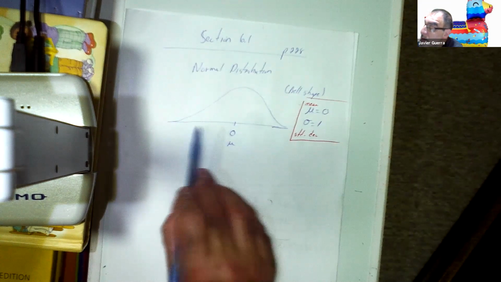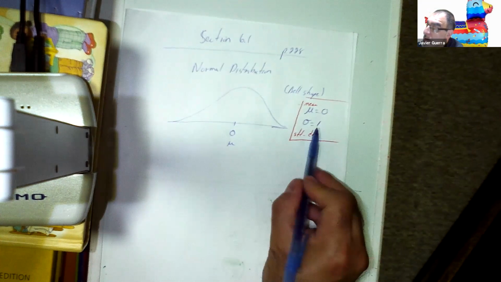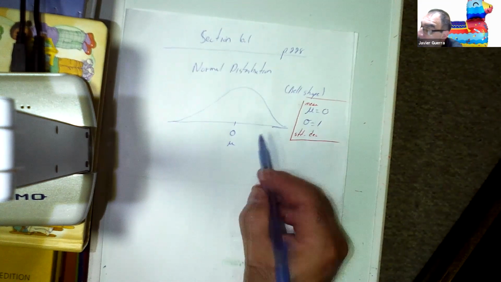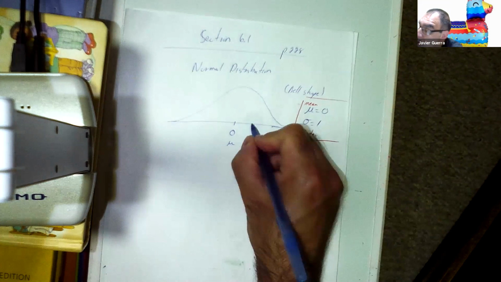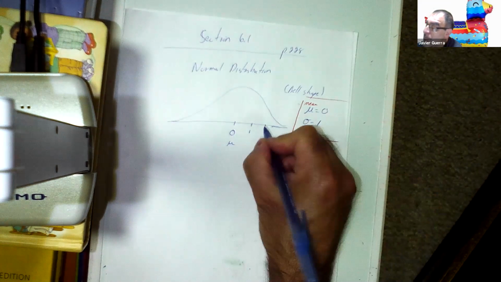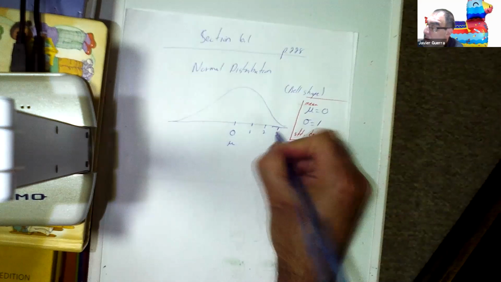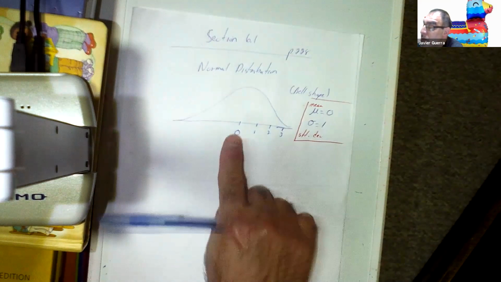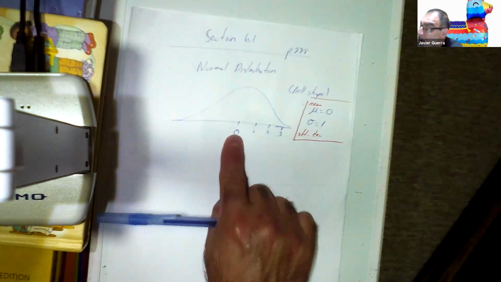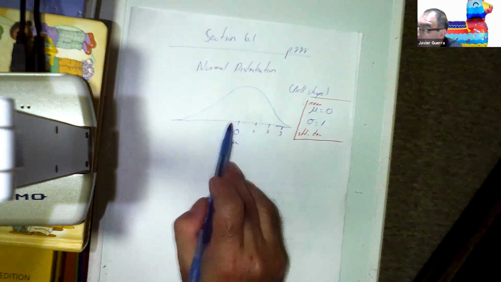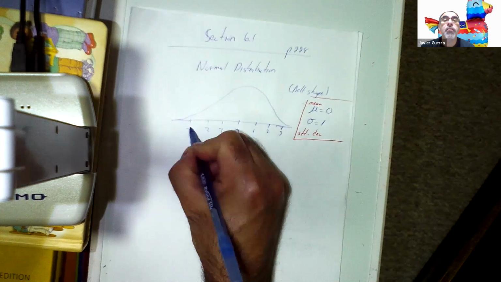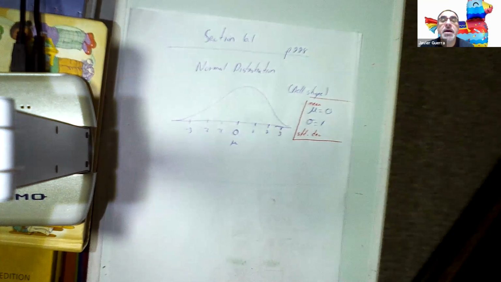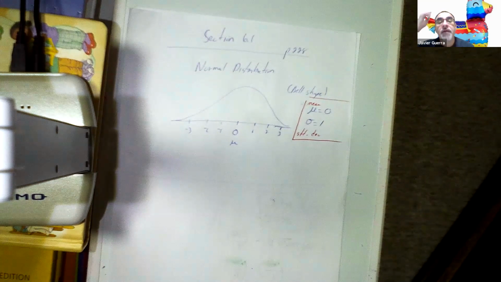So it's going by 1 increment. So it goes 2, 3, and then because it's symmetrical, the other side is going to be negative. So we go -1, -2, -3. So that's why the graph is labeled like that.